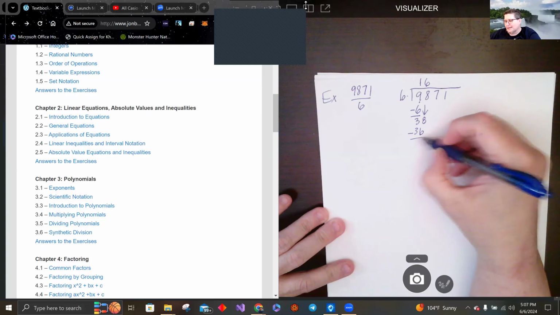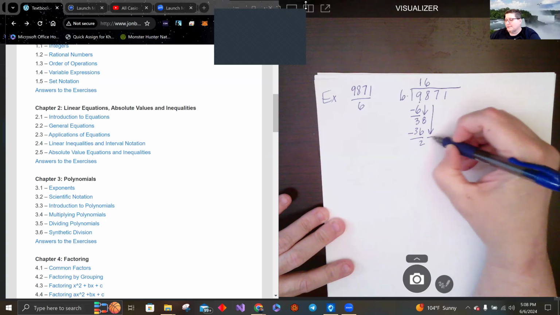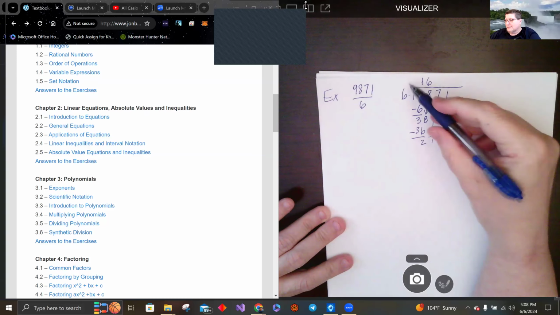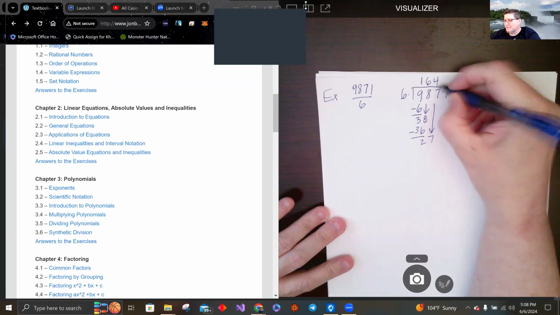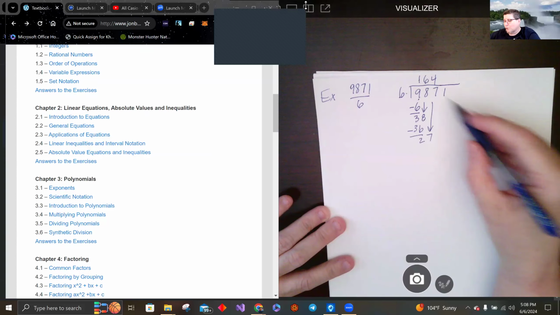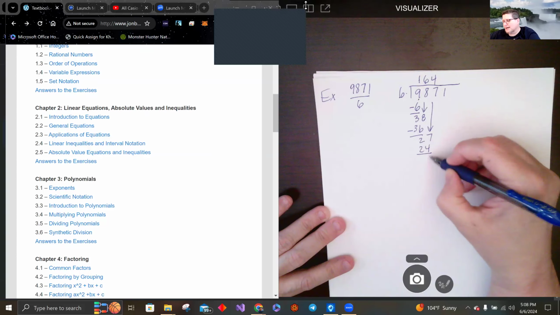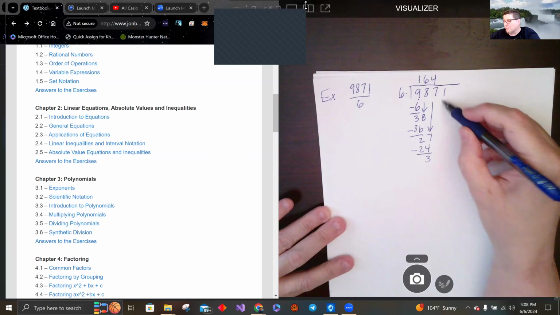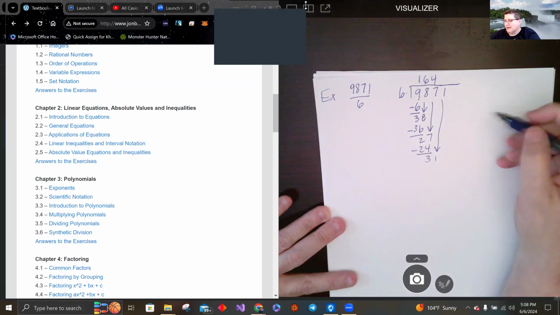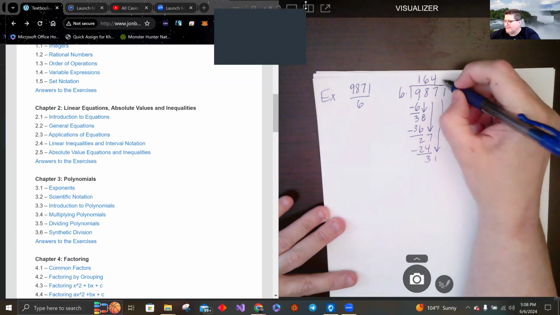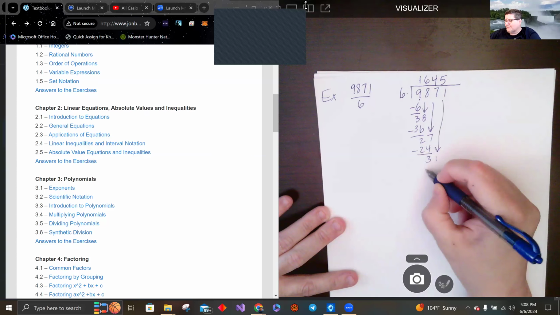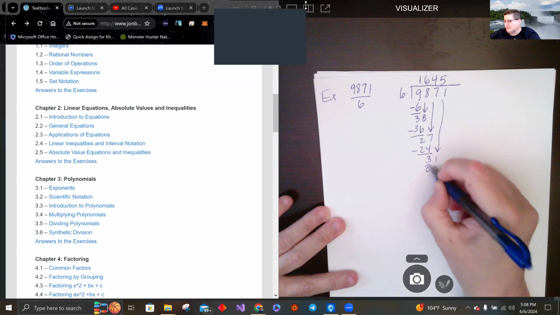We subtract, we get 2. We bring down the 7. 6 goes into 27 4 times. 4 times 6 is 24. We subtract, we get 3. Bring down the 1. 6 goes into 31 5 times. 5 times 6 is 30.